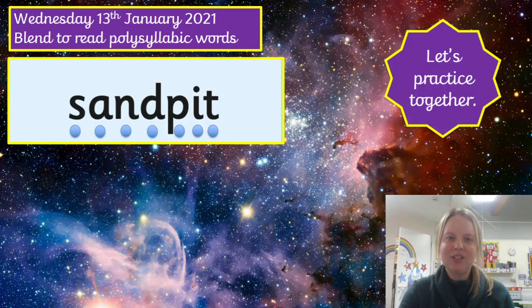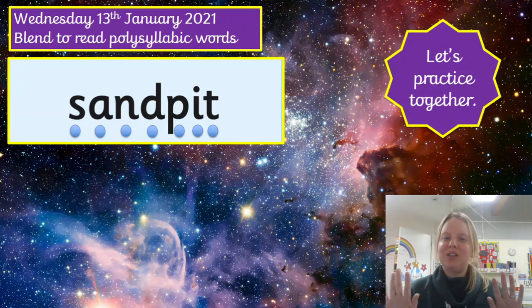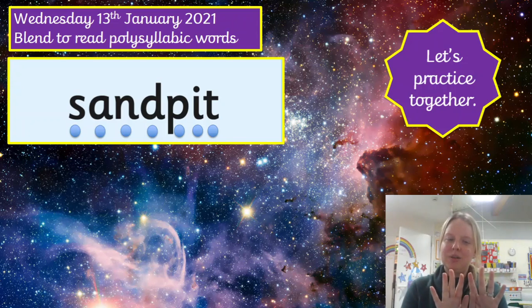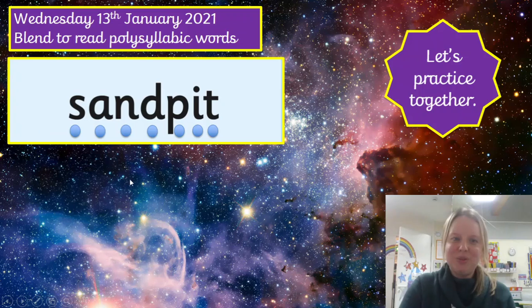Sandpit. Do you remember we learnt compound words, two words that when we put them together create a new word? So this is also a compound word, because we can split it in half to make two separate words. We've got sand and pit. So it's a compound word that has two syllables.